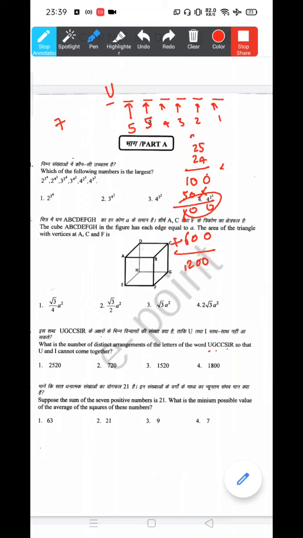Now here you are fixing it. Okay, what next? If I put U here, then that same thing is there. Something else, which condition haven't we used? 1200 is there.